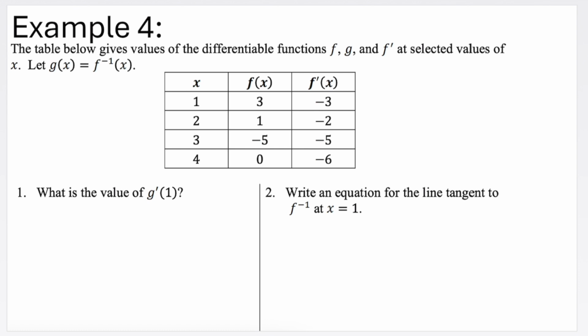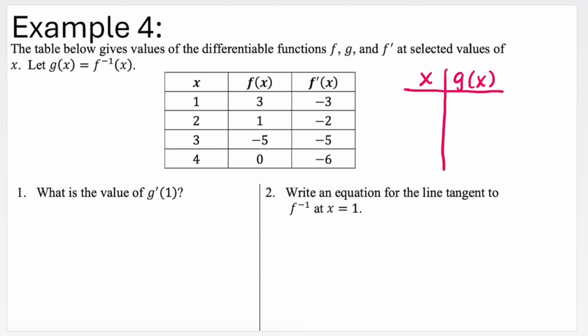If you notice, there is not a g of x column in the table. That's because g of x is kind of its own table, and I can make a table for g of x, since g of x is just going to be the inverse of f of x.